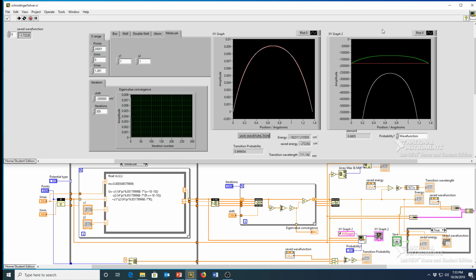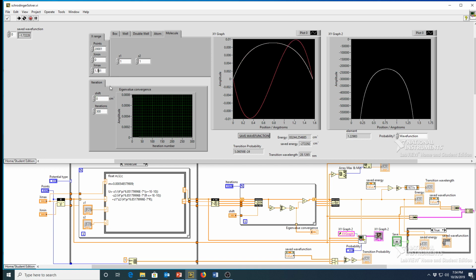You can also look for excited states here, of course, by shifting. I suspect at this bond distance, the first excited state is way, way higher in energy, and it's not even below the ionization potential. But as we go out to slightly longer bond distances, yeah, there it is.